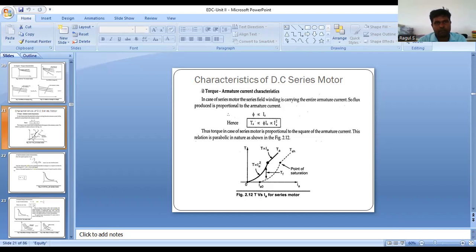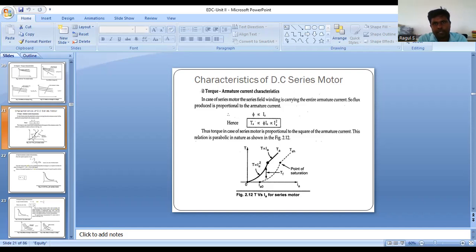First, we're going to discuss the relationship between torque and armature current. The armature current is directly proportional to flux. We know the torque is directly proportional to armature current, so the flux is directly proportional to torque.